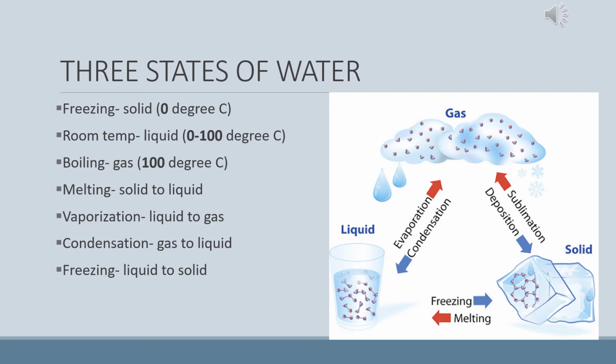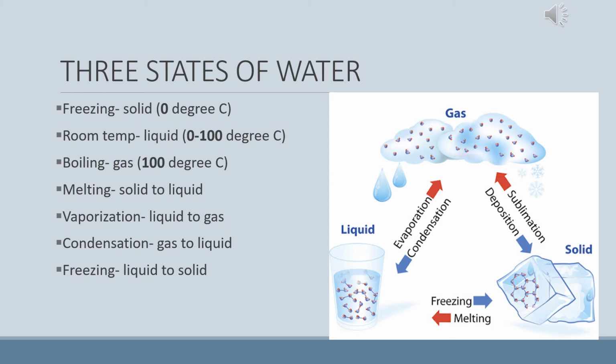Now the gaseous phase, when it is turned into water vapor, will again condense into the liquid phase, and the condensed liquid might also get frozen into the solid state. The gaseous phase can also be reached without the liquid phase, that is, skipping the liquid phase, which is called sublimation.